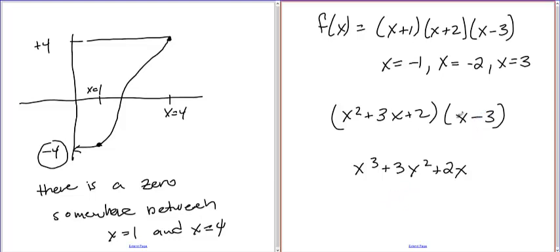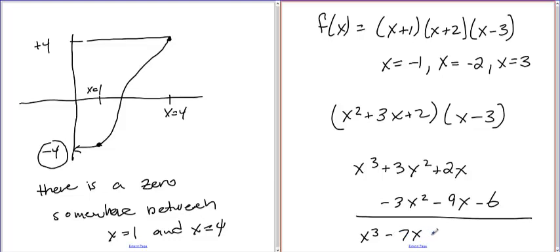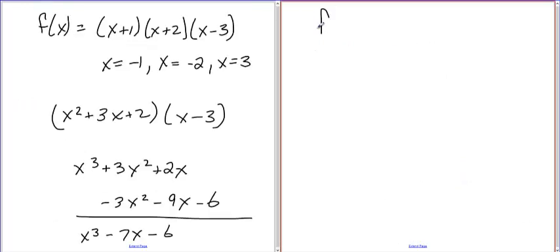I'm going to put them just below so I can add them like we do normal adding. So you're going to have -3x squared, -9x, minus 6. So we add those two things together, we'll get x cubed. These cancel out, minus 7x minus 6. So that's the equivalent expression. f of x is also just x cubed minus 7x minus 6.